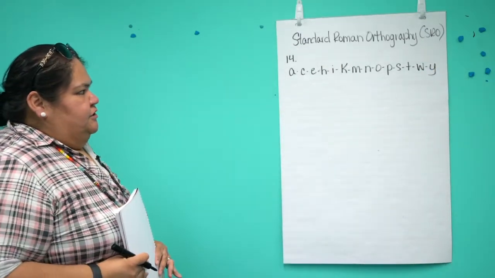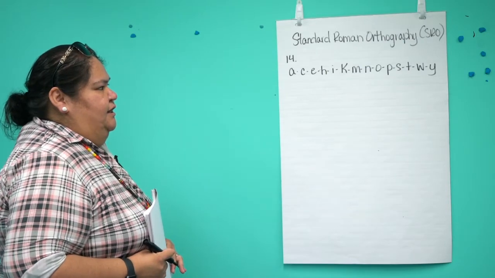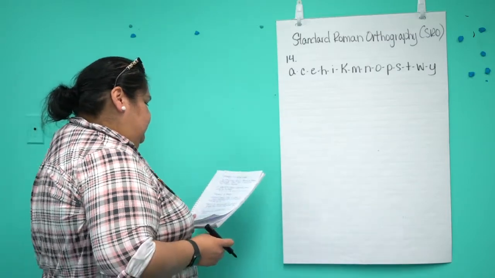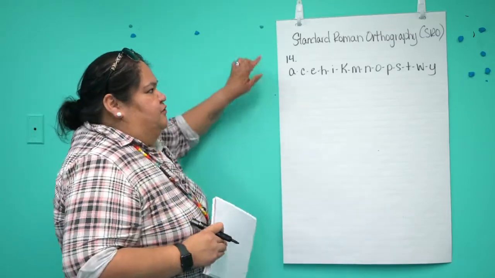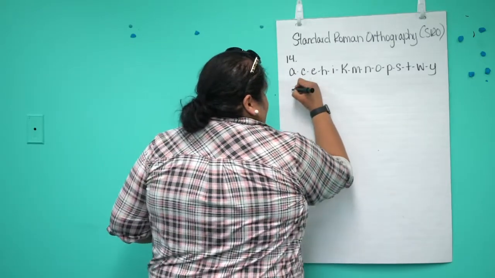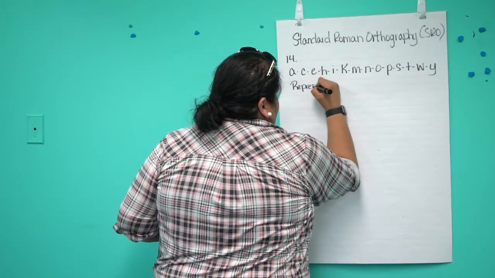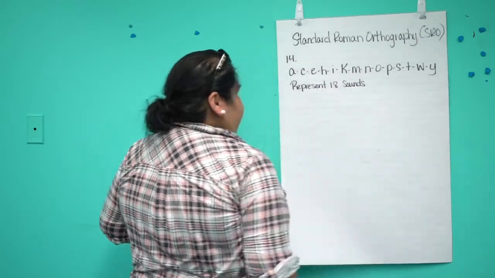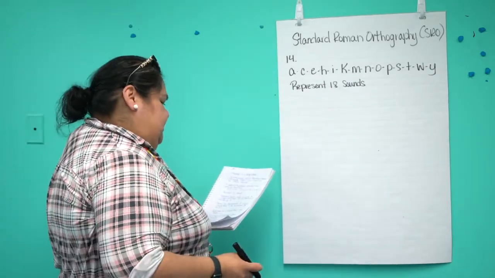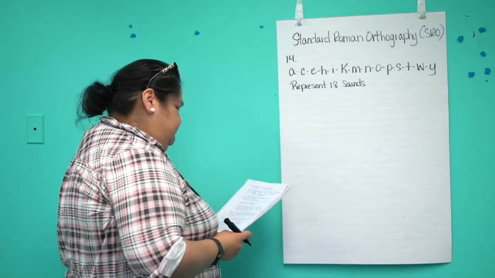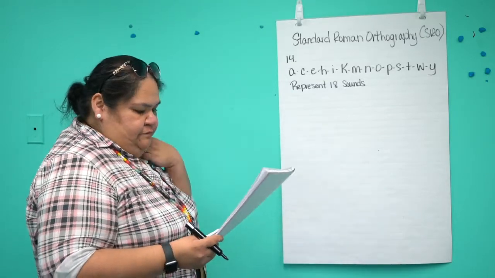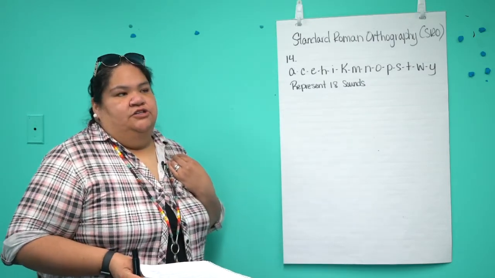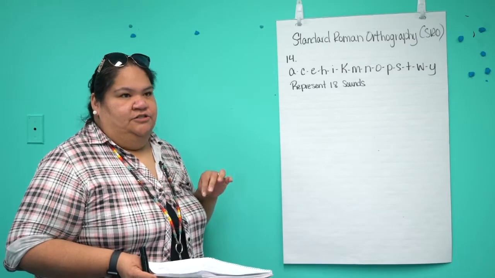So these are the 14 letters that we work with: A, C, E, H, I, K, M, N, O, P, S, T, W, and Y. These 14 letters represent 18 sounds. So there's not 14 sounds, there's 18 sounds.